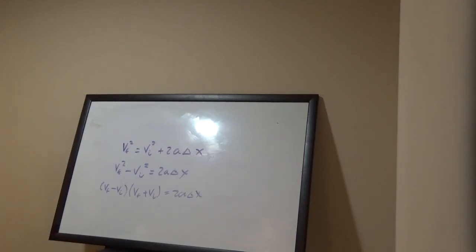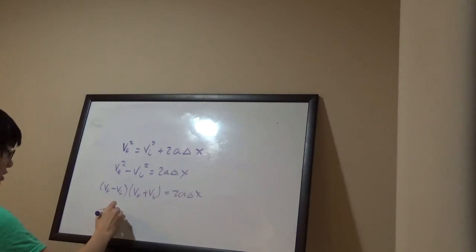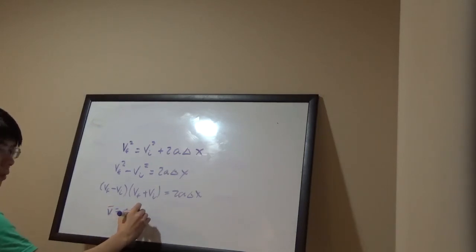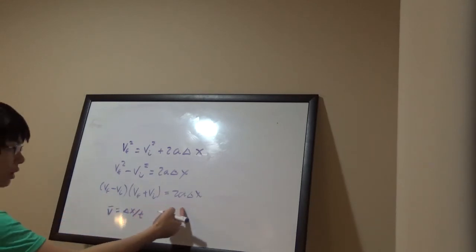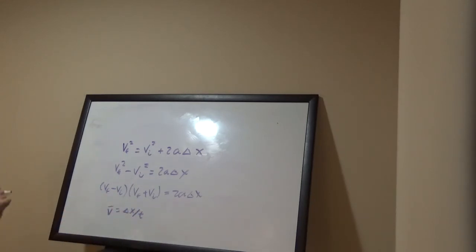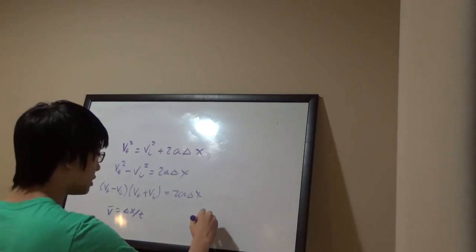If you remember, we said that the v average is equal to delta x over t. How would you calculate the average velocity? Remember, this is a kinematic equation, so our acceleration is always constant. If our acceleration is always constant, our velocity looks like this.